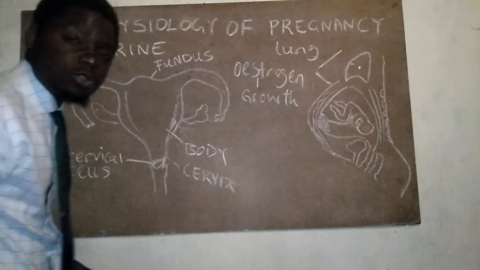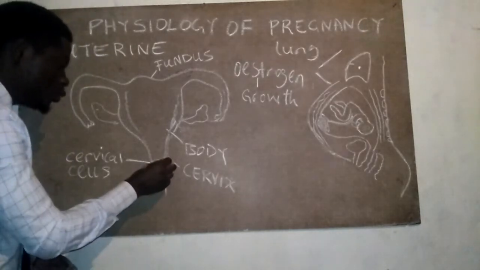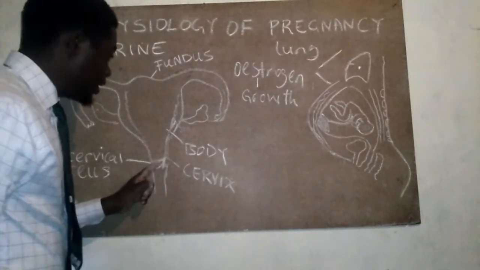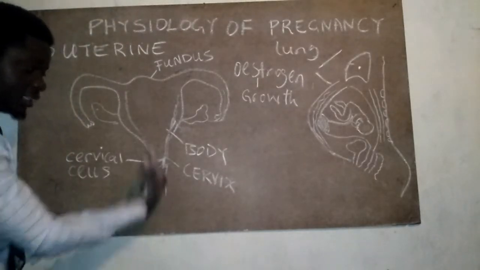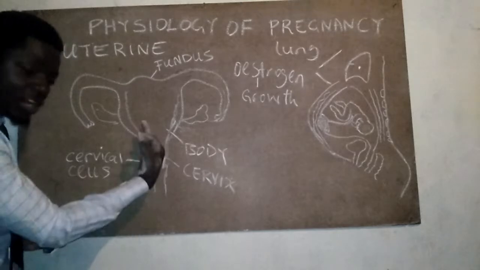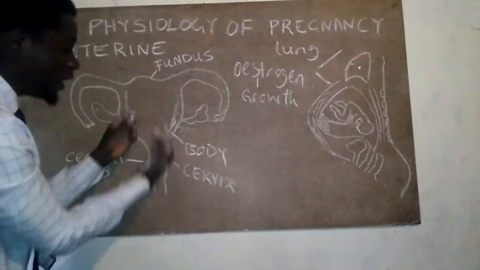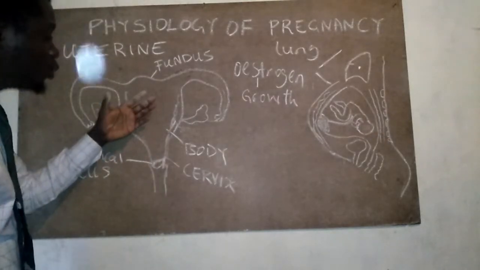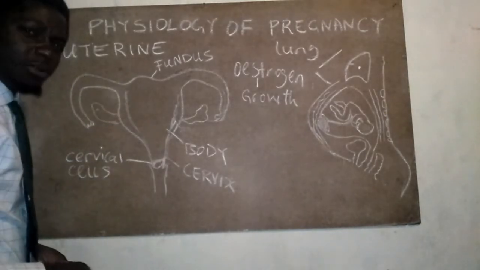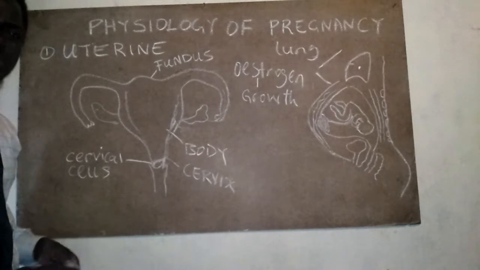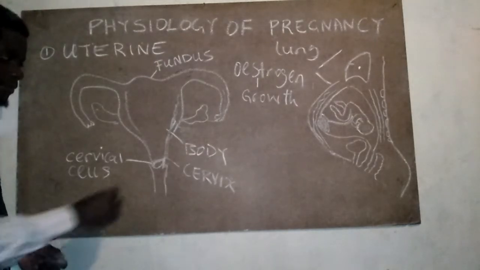That hormone we'll talk about later on, but it's going to start forming the plug in order to prevent the entry of ascending infection which may come from the vagina towards the uterus to affect the baby, or for example to protect the baby from descending through the cervical opening. And this is very, very important.